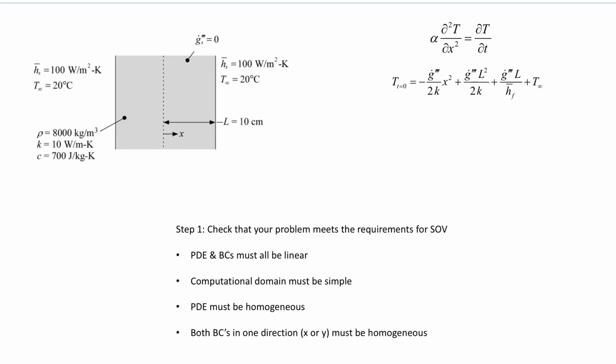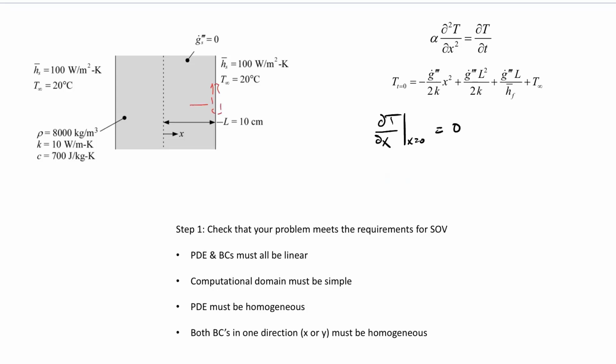Let's actually write out the boundary conditions here. We have our initial condition. The boundary condition at 0 is the partial with respect to x at x equals 0 is equal to 0. It's adiabatic. The other one is conduction has to equal convection. Let's do this carefully. We have a surface balance here, and the surface is infinitely thin.